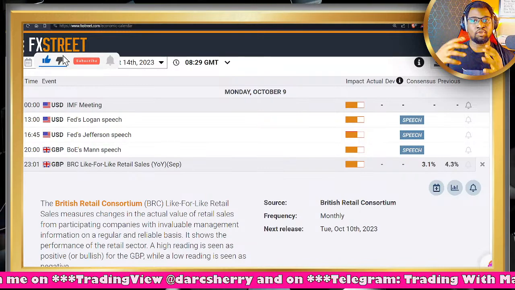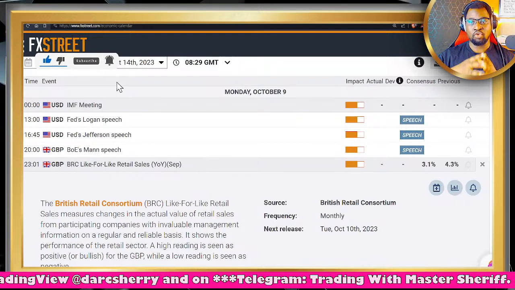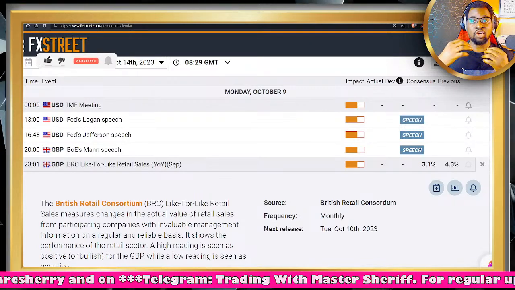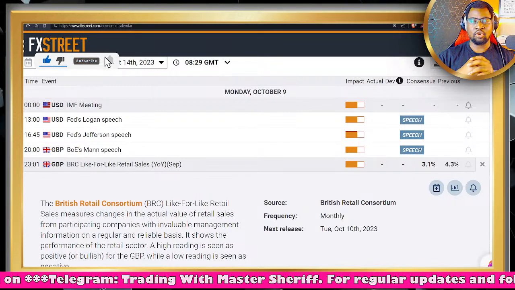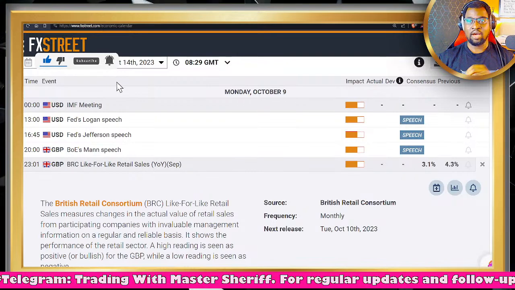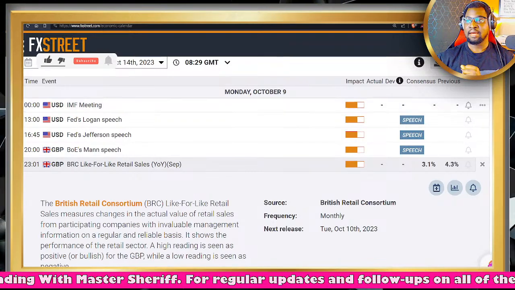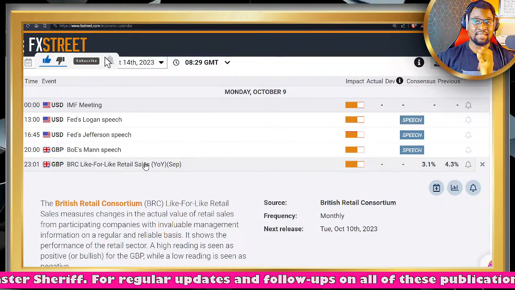It provides a crucial measure of retailers' organic growth, and gives us insight into the consumer spending trend, indicating the health of the retail sales sector and the overall economic sentiment in that economy. In this case, we are talking about the United Kingdom.